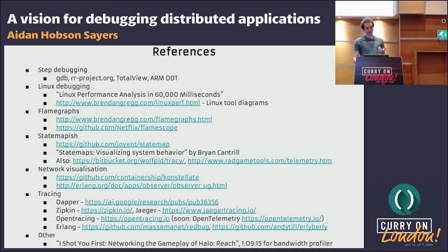And finally, if you are interested in network profiling and network debugging, which is something that I've become very immersed in since working a little bit with the games industry, "I Shot You First: Networking the Gameplay of Halo: Reach" is an excellent talk that goes into how they built a bandwidth profiler within their game itself in order to figure out what is taking up all of my bandwidth and how can we improve it.